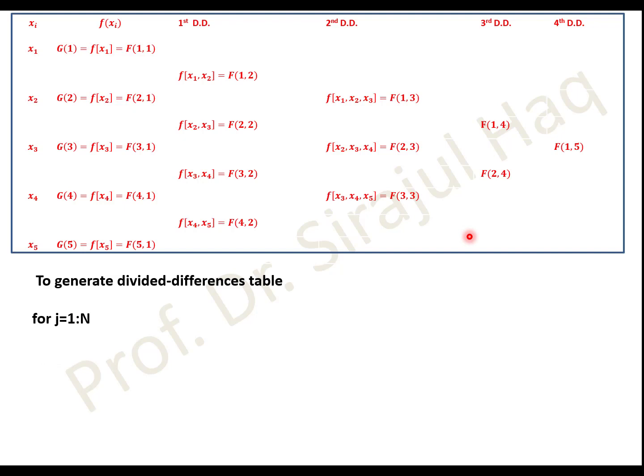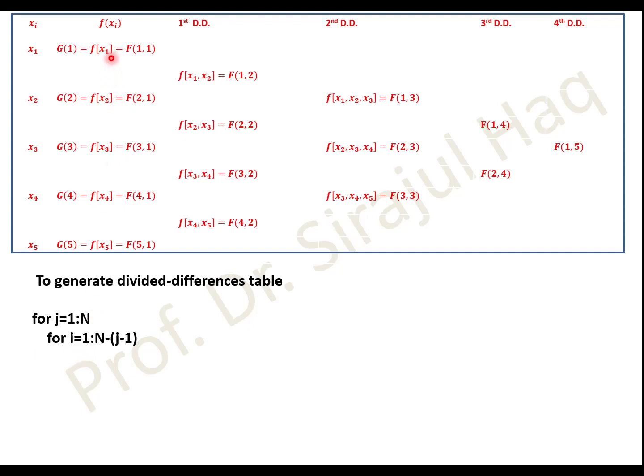You can see I'm using j for the column, starting from 1, 2, 3, 4 and 5. That's the reason I'm saying j starts from 1 and reaches up to n. For the rows, I define this one. Why is this different from g?